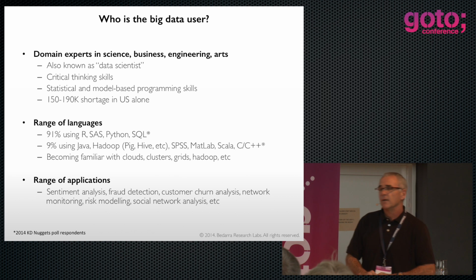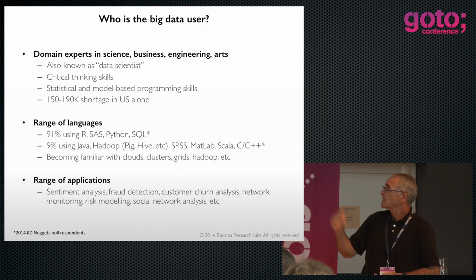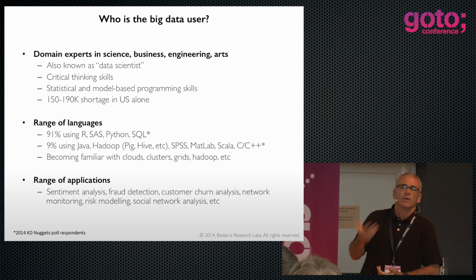The languages right now are kind of surprising though. This is based on a KDnuggets poll, so it's a pretty small poll, but 90% of the languages that people are using in this space are things like R, SAS, and SQL. The languages that you would normally expect to see in that space, like Java, are a very small percentage.